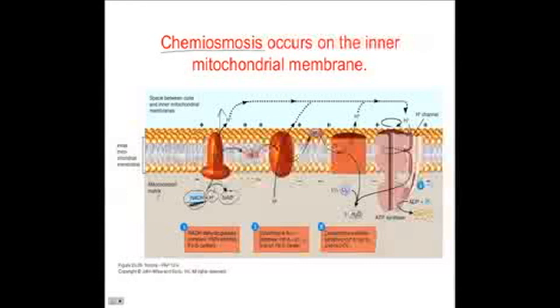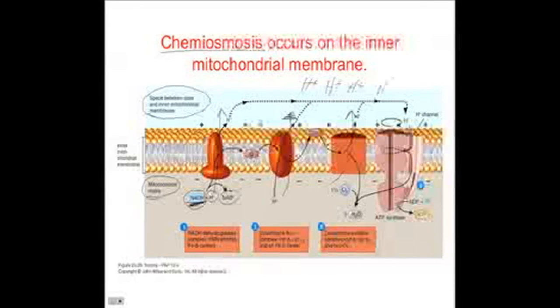So if you don't remember how the mitochondria is set up, you may want to take a look at that real quick. There's a mitochondrial matrix, the very inner part, and then there's the inner membrane space. So these hydrogen ions are being pumped through these proton pumps, and we're setting up a whole bunch of hydrogen ions on this side in this inner membrane space.